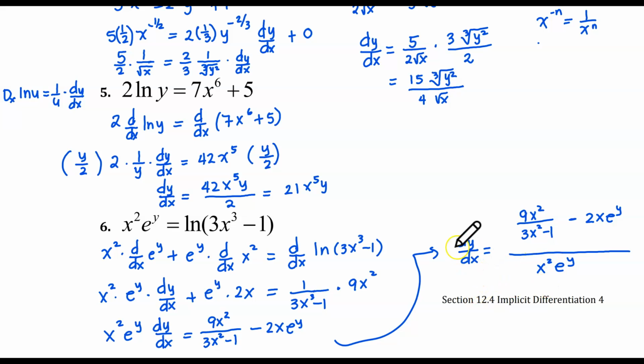Now the derivative dy dx is equal to the expression here. Now you can proceed and simplify this, or you can also just stop here and input your answer like this. MyMathLab will accept it.